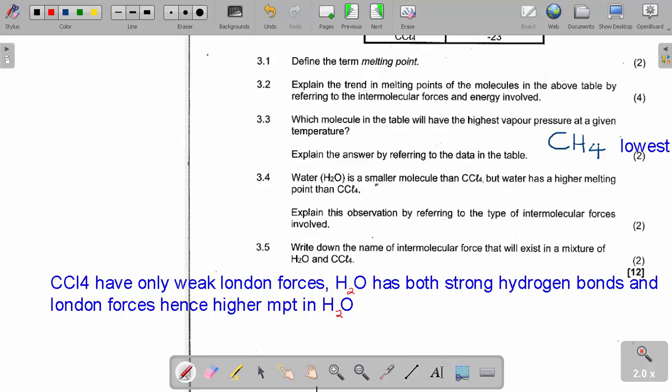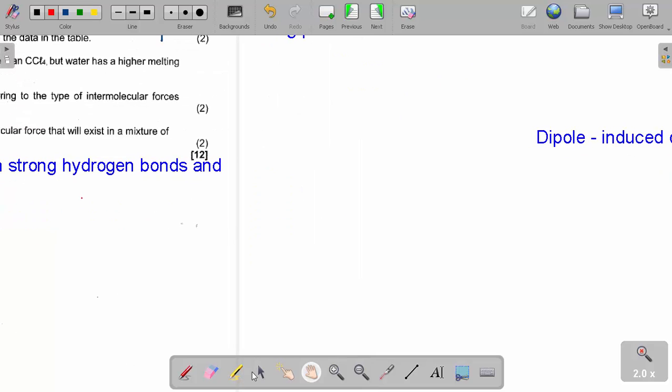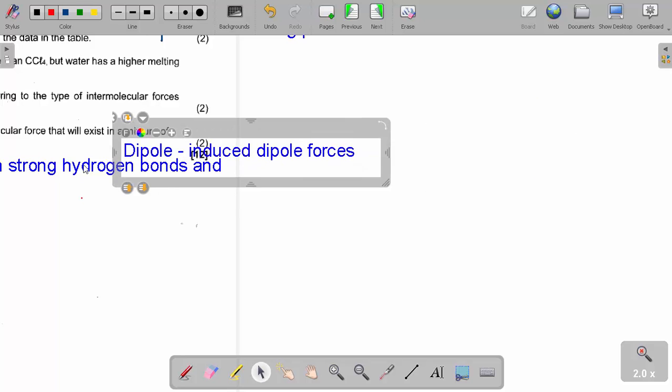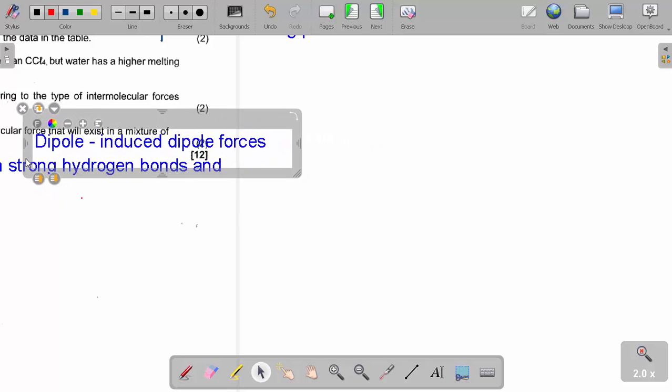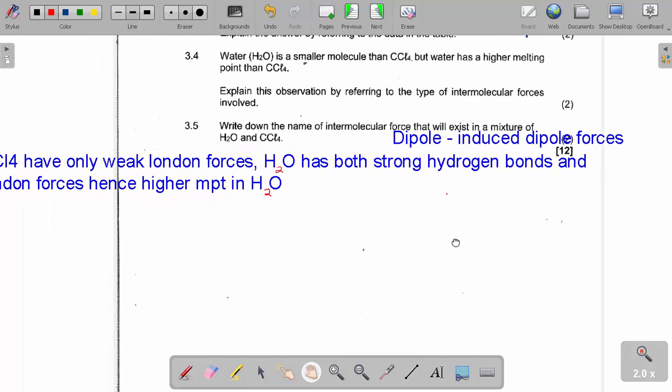It is called dipole-induced dipole force. That's the force of attraction which exists when you combine a polar substance with a non-polar. In this case, water is polar and this one is non-polar. So it's called dipole-induced dipole force. Let us proceed, guys. Hope we are together.